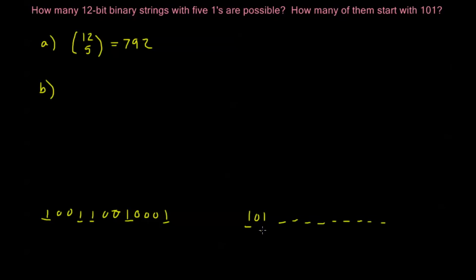I already have 2 of my ones over here, so in these 9 bits there's going to be 3 additional ones. So that's just 9 choose 3, the same way that we did part A, right? And that's going to be 84. So 84 of these 792 12-bit strings have 101 for the first 3 bits.